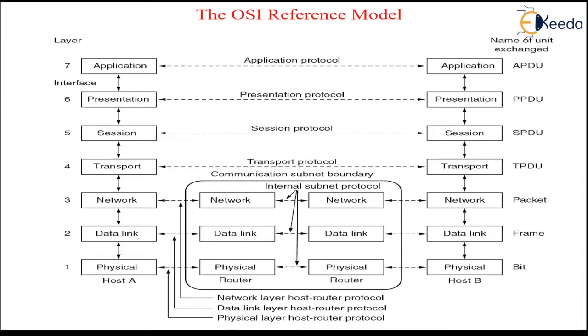The function of each layer should be chosen with an eye towards defining internationally standardized protocols. The layer boundary should be chosen to minimize the information flow across the interfaces. The number of layers should be large enough so that necessary functions are not thrown out of the layers, and small enough that the architecture does not become unwieldy.